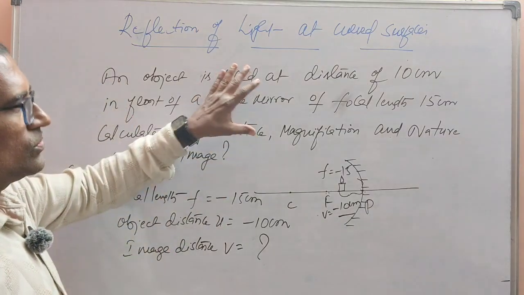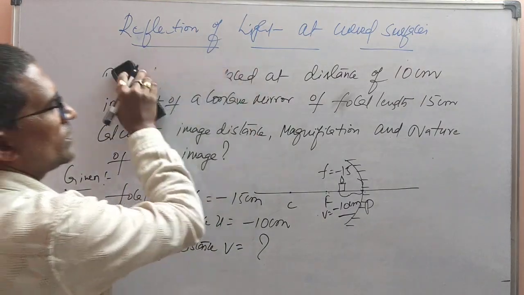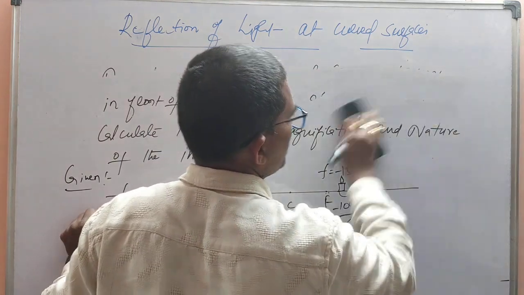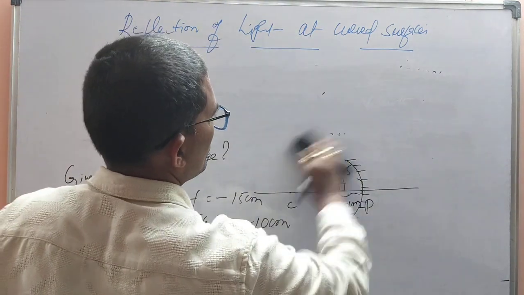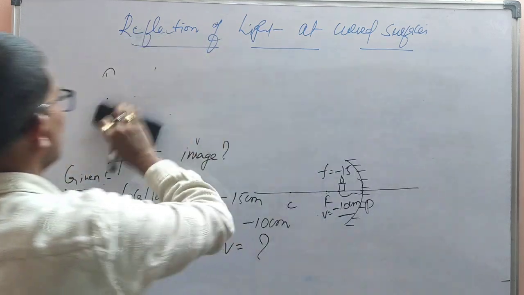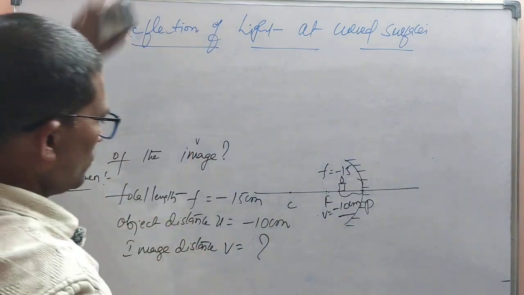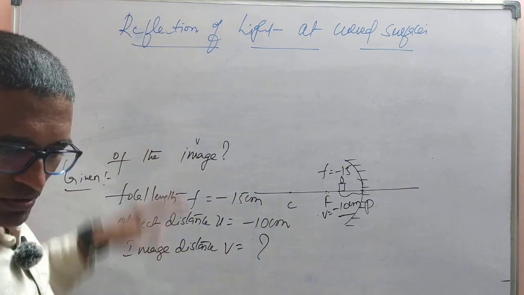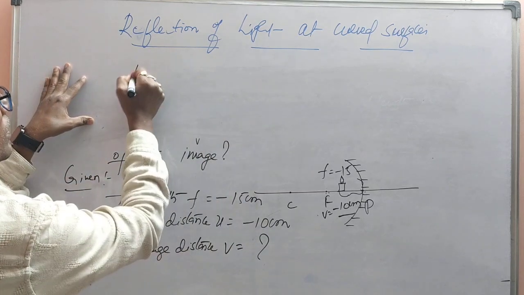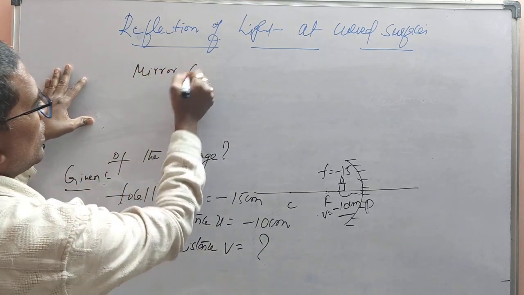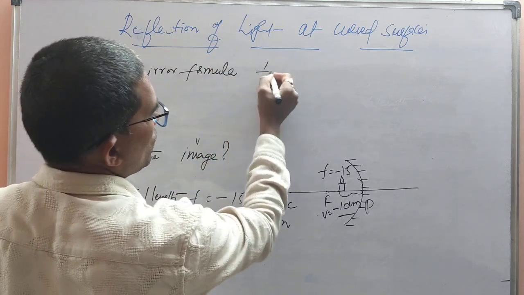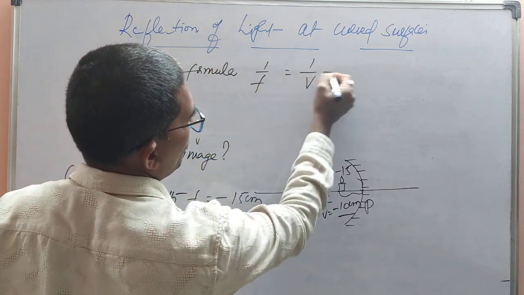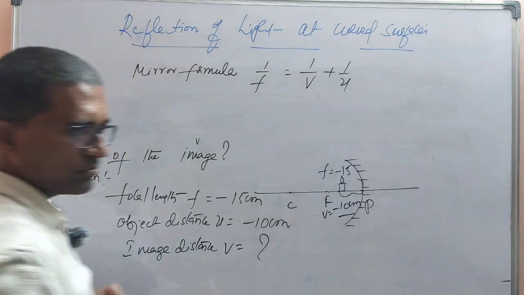Now I'm going to rub this data which I was given. Now using the mirror formula, according to the mirror formula, 1 by f is equal to 1 by v plus 1 by u.